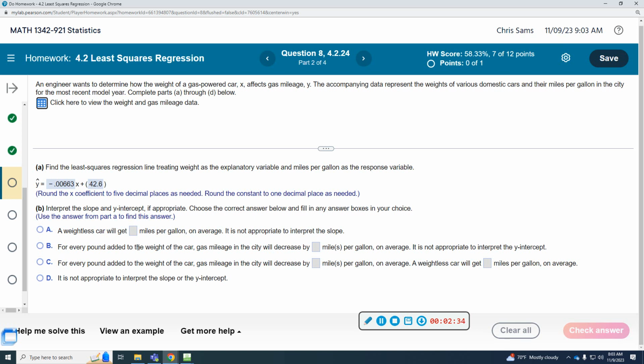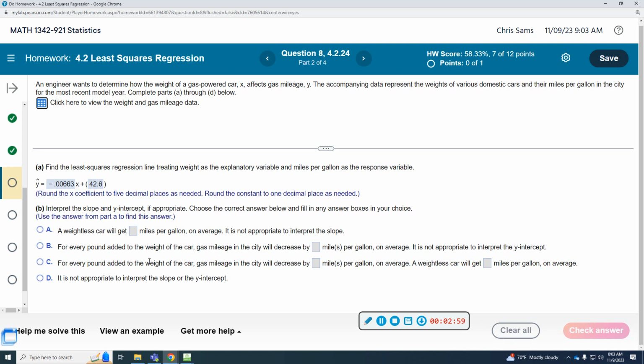B, for every pound added to the weight of the car, the gas mileage will decrease by blank miles per gallon on average. It's not appropriate to interpret the y-intercept. So this one seems what we want, the slope being negative. That means as we increase the weight of the car, the gas mileage should go down by about this much on average.